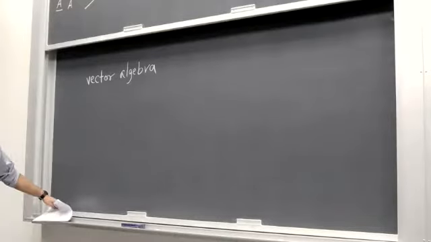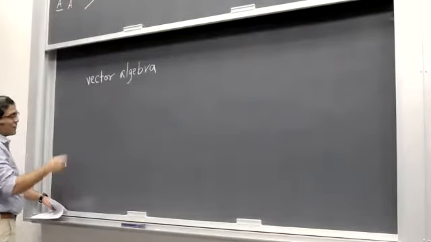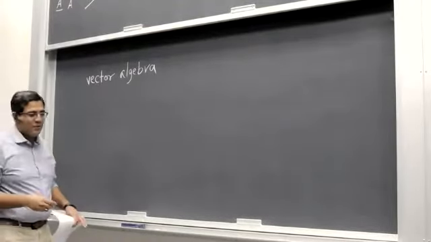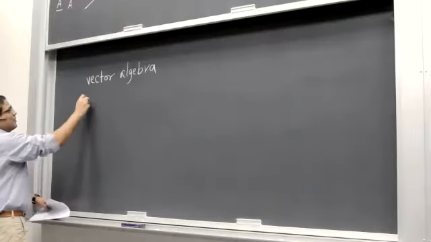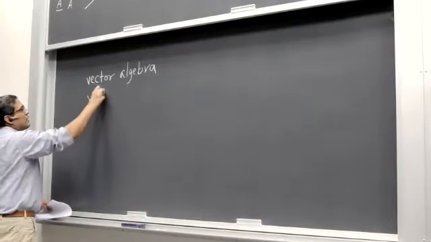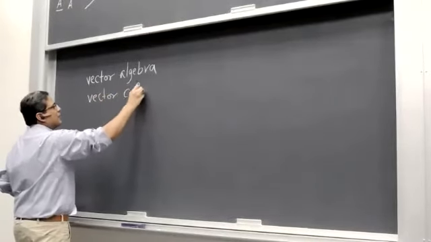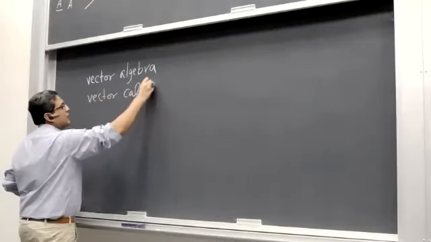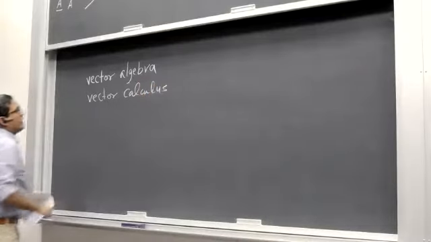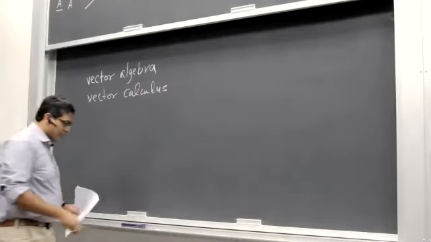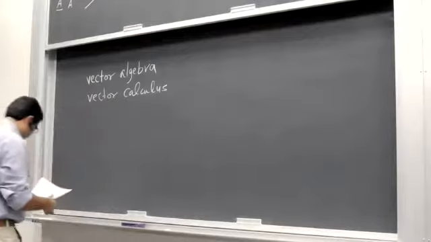I mean, we can't learn most of the vector algebra in a single lesson. I'm saying most of the lesson is about the basics of vector algebra. And then in the following lessons, hopefully, we would be learning vector calculus. All right. So now let's learn some of vector algebra today.